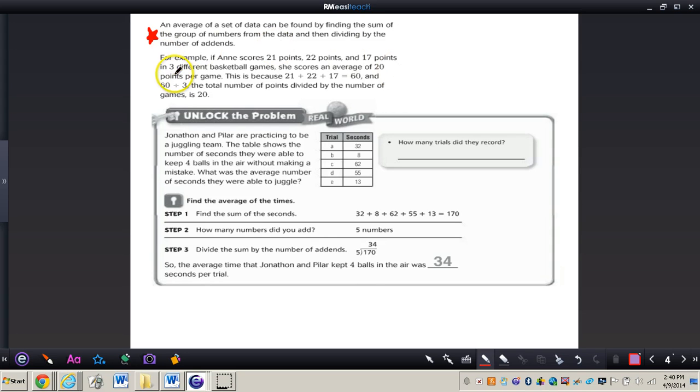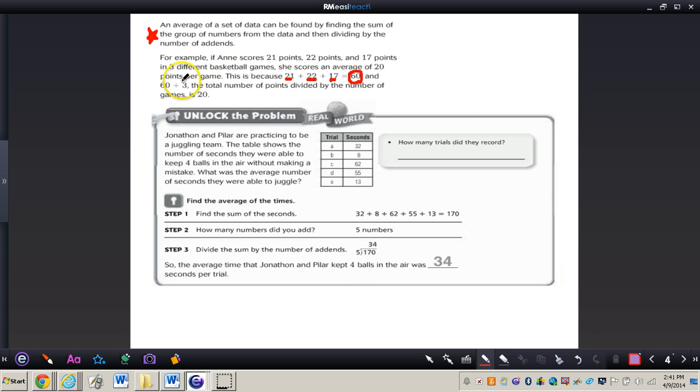Okay, so let's take a look at an example problem here on page 285. It says, for example, if Anne scores 21 points, 22 points, and 17 points in 3 different games, she scores an average of 20 points per game. This is because, first of all, you add the numbers up, which we have 21, 22, 17, and that's going to give you 60.